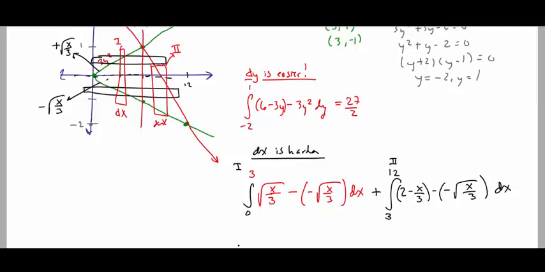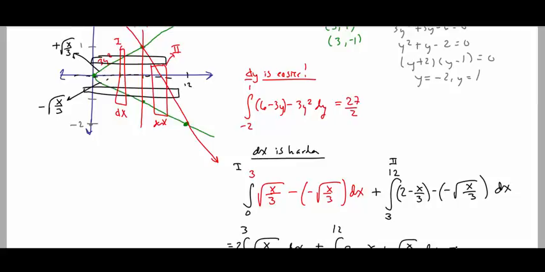And of course this would simplify. This would be the integral from 0 to 3 of root x over 3 plus root x over 3, which is 2 of these roots x over 3 dx's. Plus the integral from 3 to 12 of 2 minus x over 3 plus root x over 3. Minus a negative is the same as a positive.